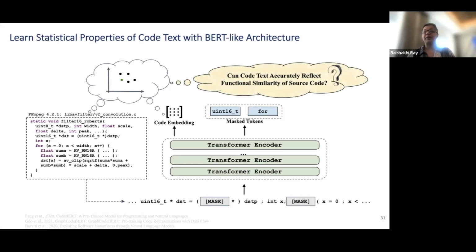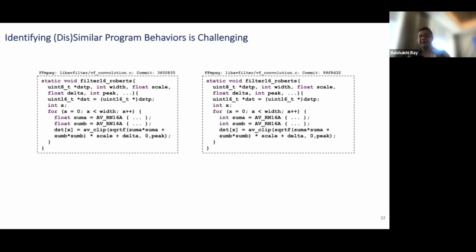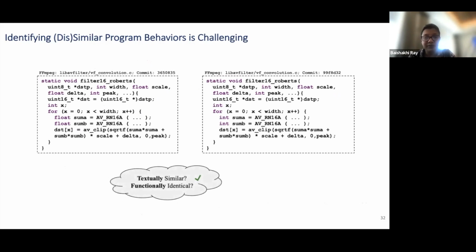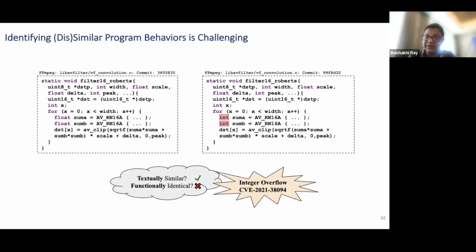The question I want to ask here is: can such a text-based model accurately reflect the functional similarity of source code? For example, let's take these two pieces of code. They apparently look very similar, but if you look more minutely, there is a subtle difference: I changed the float type to the integer type for these two variables.